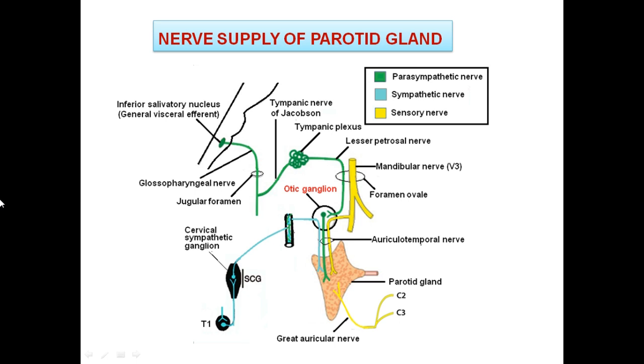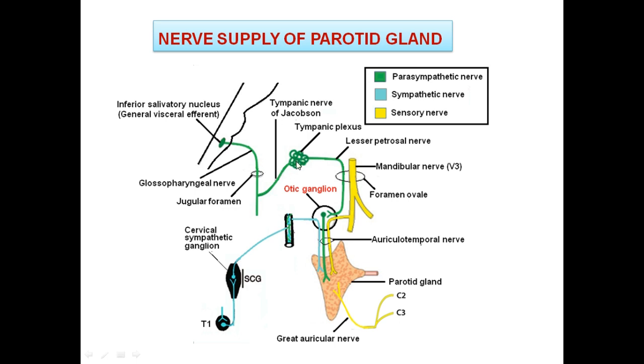The preganglionic fibers arise from the inferior salivatory nucleus, coming with the glossopharyngeal nerve, the ninth cranial nerve, and enter the jugular foramen. Then it gives one branch, the tympanic nerve, which forms the tympanic plexus.